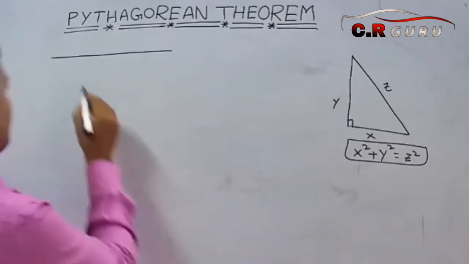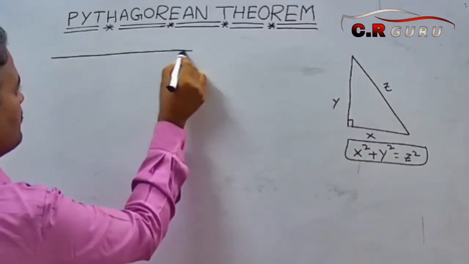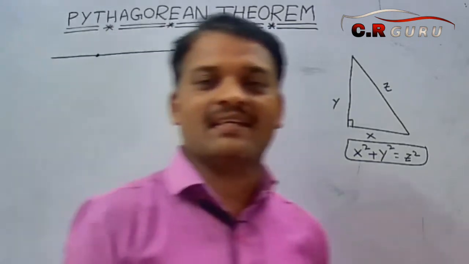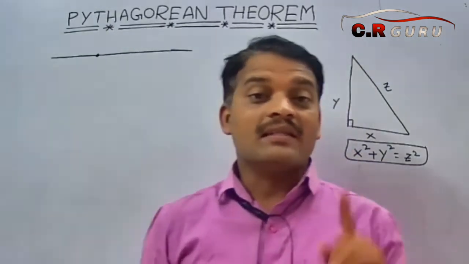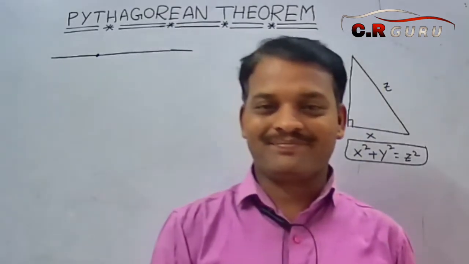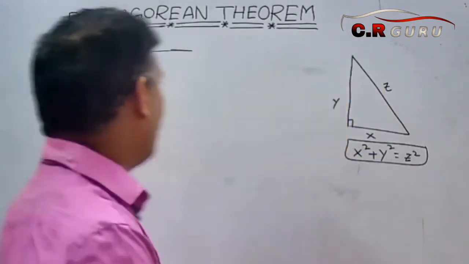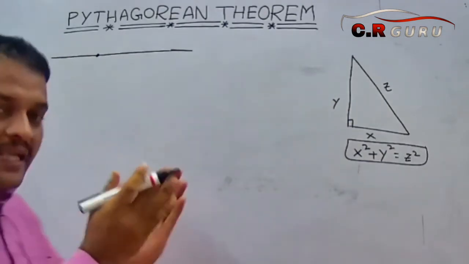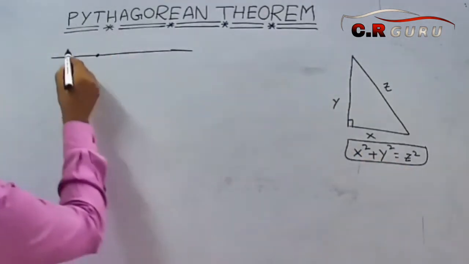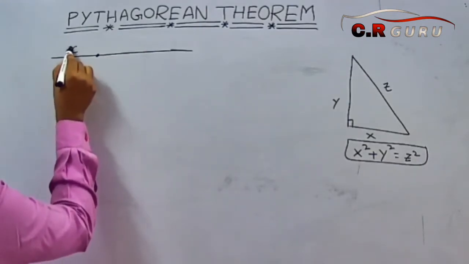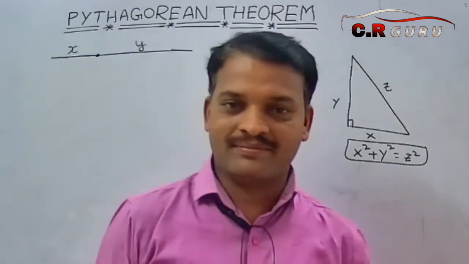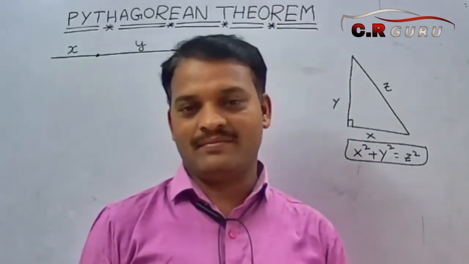Suppose I take any one point that lies on the line; that point is called an arbitrary point. Now this point divides the line into two parts, not equal parts. The small length I consider as x and the large length I consider as y.